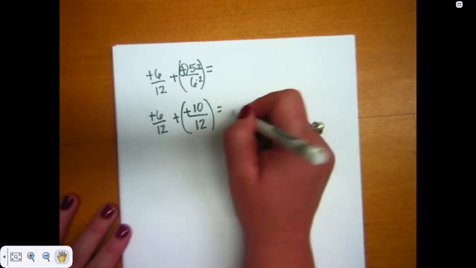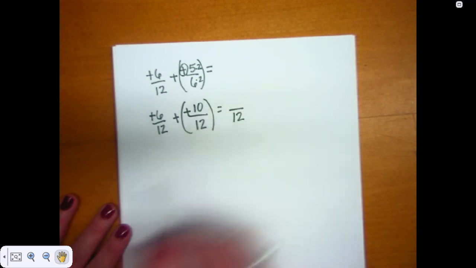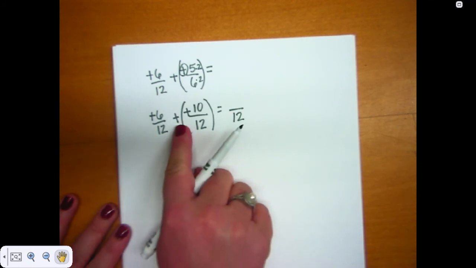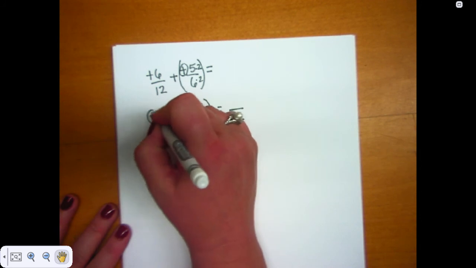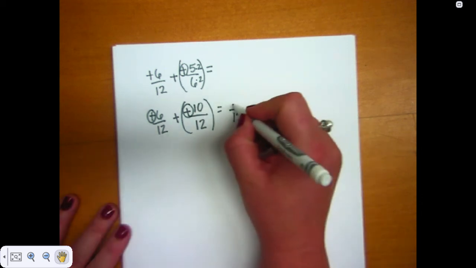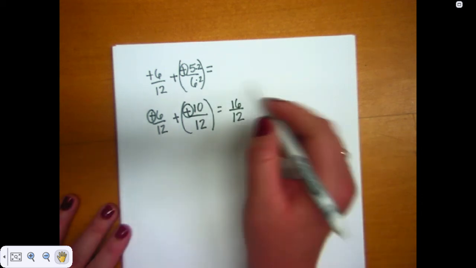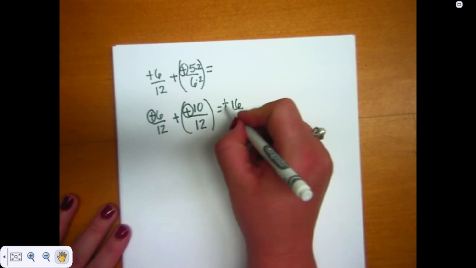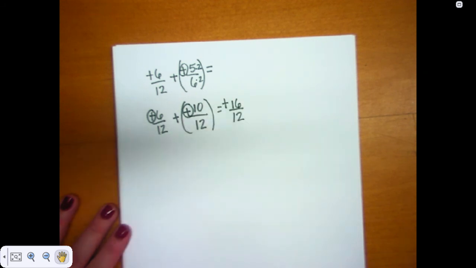I do, so I can bring it over. And I notice that it is adding, so that means I can follow my rules. Check your signs. Signs are the same, so that means I'm going to add. 6 plus 10 is 16, and keep the sign of the largest absolute value, which is positive.